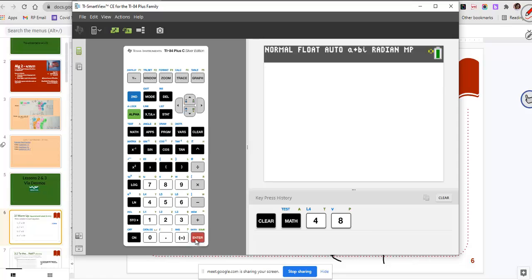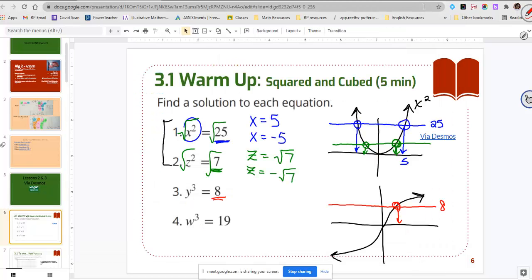And if I want the cube root of 8 to undo something to the third power, I need to use the cube root. So something to the third power, to undo that, to get that opposite operation, I need a cube root to make that happen. So y equals 2. That is the only answer that it could be.